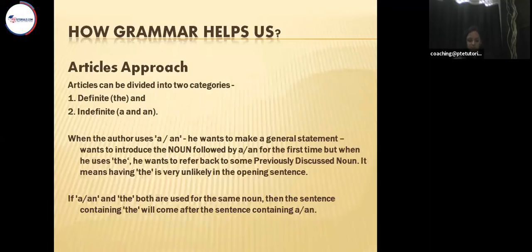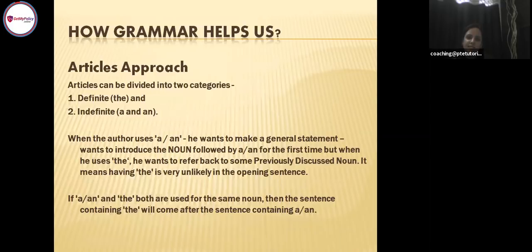How does grammar help us? There are some rules actually, because in grammar we have rules. Now, one by one, we can implement those things in our sentences and see how they act.